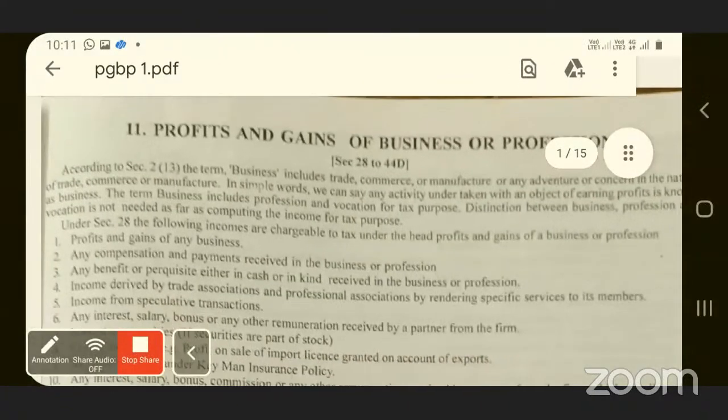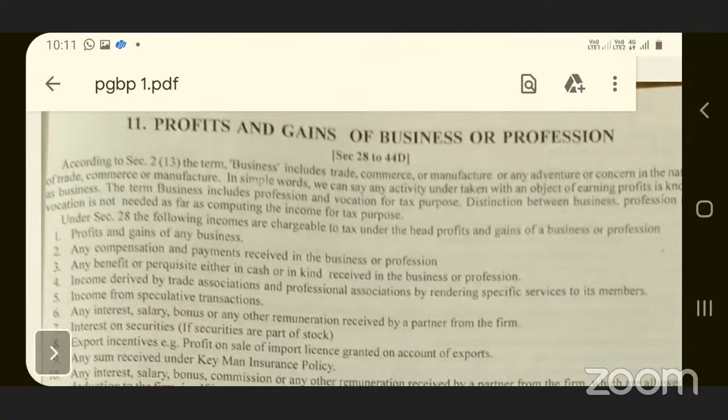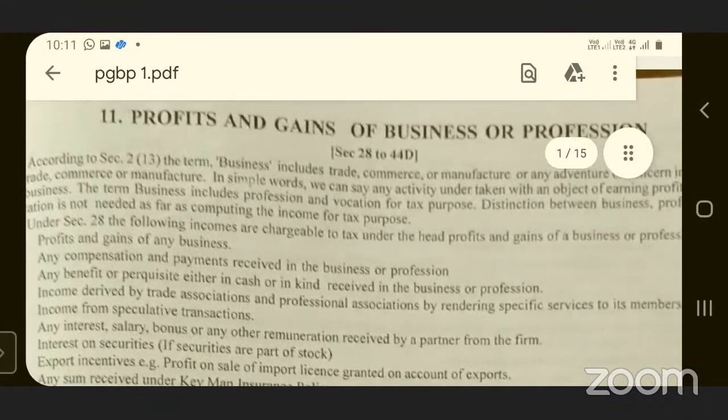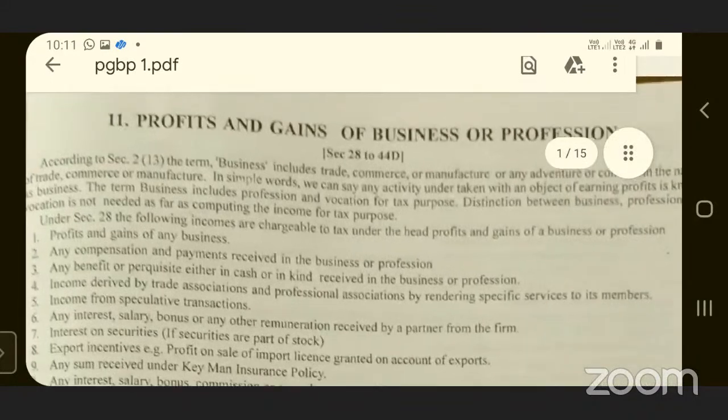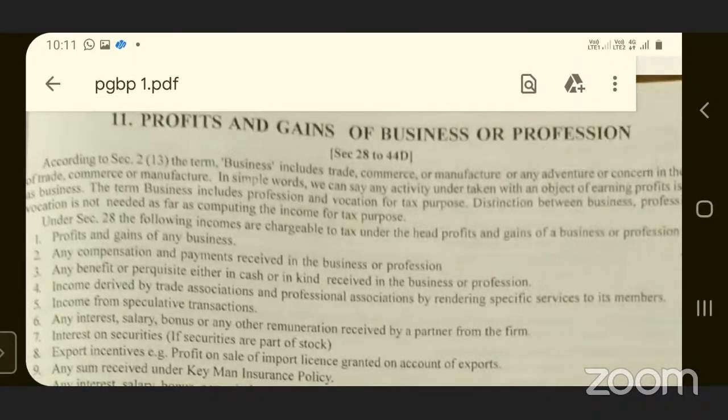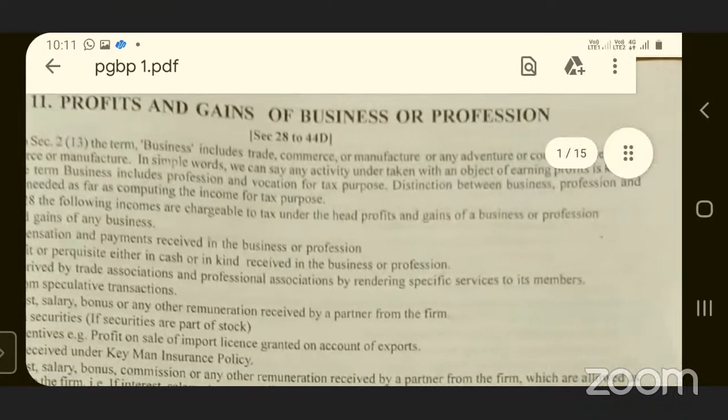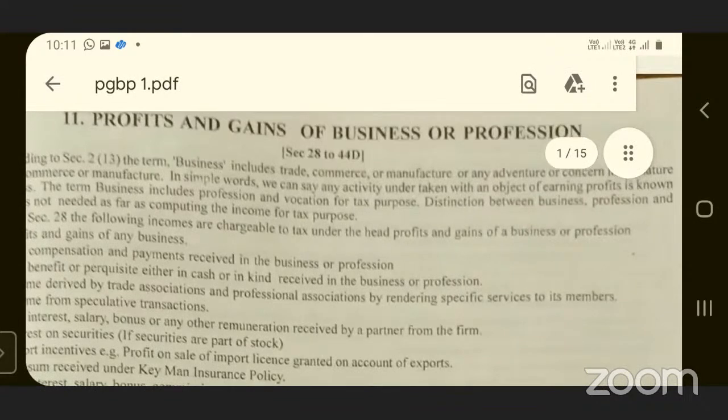It means which income comes under which head under the Income Tax Act. So, under section 28, the following incomes are chargeable to tax under the head profit and gains of business or profession. For our convenience, they have mentioned a list of items under section 28. Let us see them one by one.